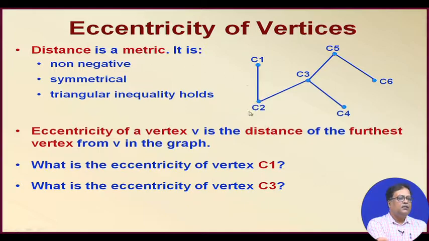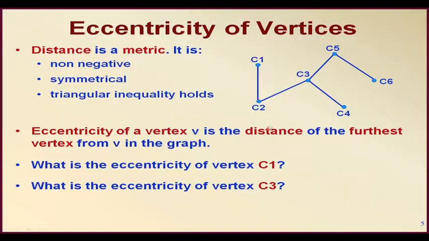So, anything that is a metric has got these three properties, and since distance is a metric, we use that metric to identify some basic ideas. One such idea is the eccentricity of the vertices. Why is the eccentricity of vertices so important?